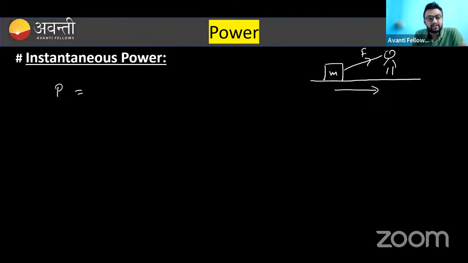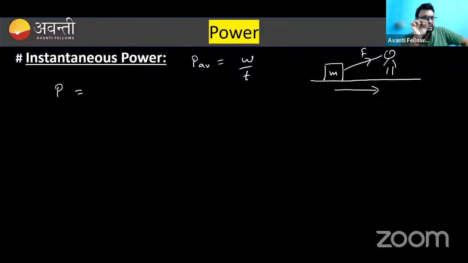P. This is written as simply P. Actually P average was W over T. This T is the time period. Now, if I am saying that exactly at t equals to 4 seconds, that means that time is very small.